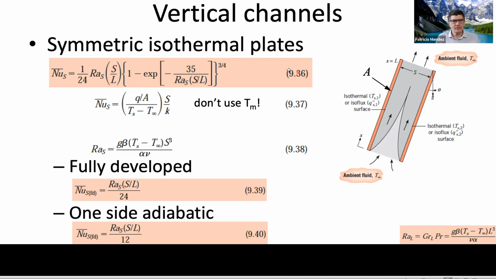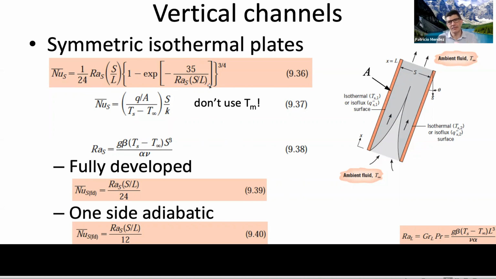What it says is that the Nusselt number is much higher in the entry region than in the fully developed flow. What we need to calculate it is Rayleigh, the same as we knew before, and S over L, same as before.